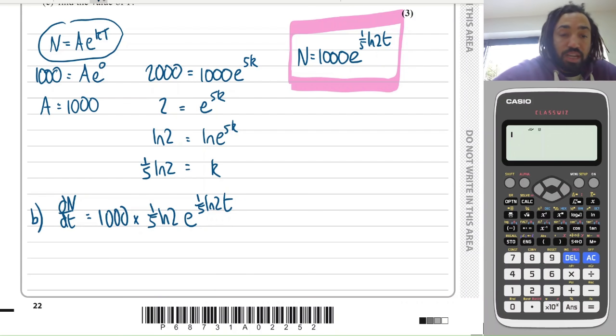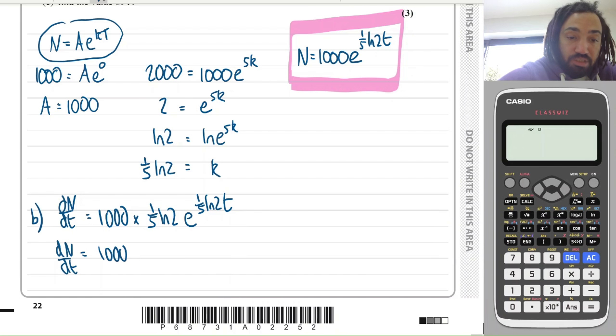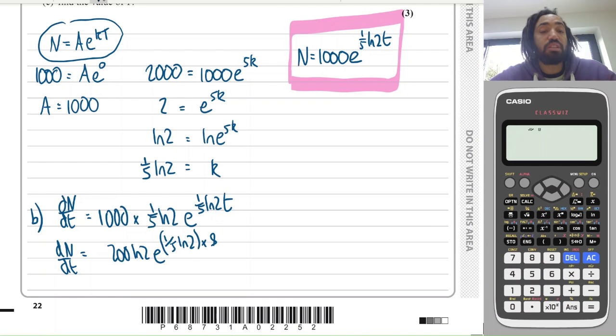And we need to work out what happens when t equals 8. So I'm going to substitute in here t equals 8. So it's going to be 1000 times a fifth, that's 200. So it's going to be 200 ln 2 e to the 1/5 ln 2 times by 8. Putting that in brackets just so it's nice and clear.